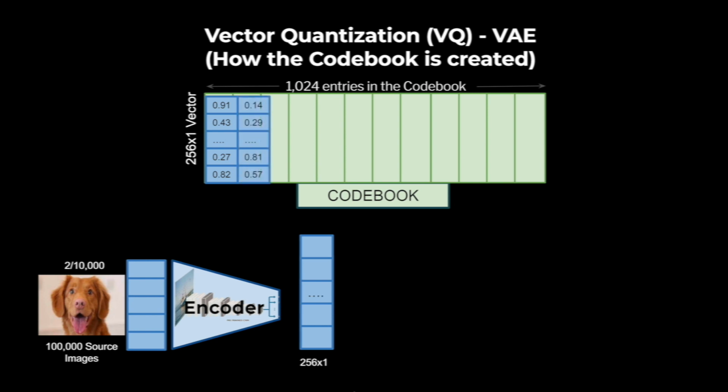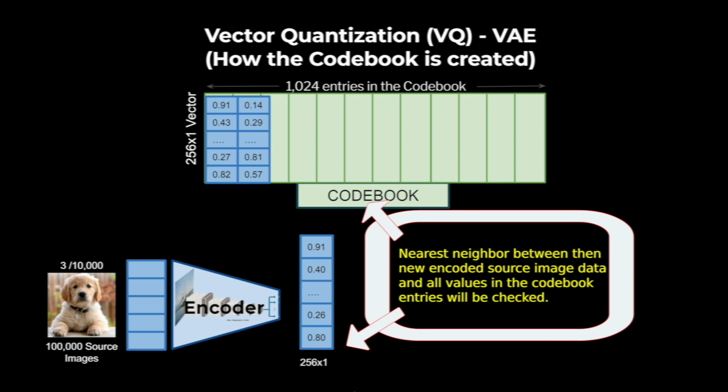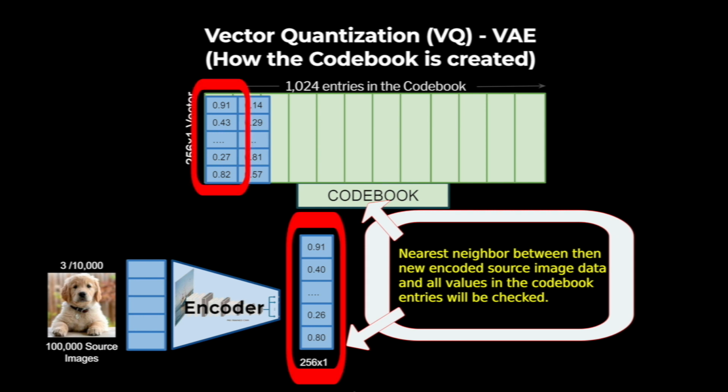Now let's assume the third image is processed by the encoder and its mean and standard deviation based encodings are generated. Now the vector quantization process works, and let's assume that the entry at the first index in the codebook is the nearest neighbor to the given entry.